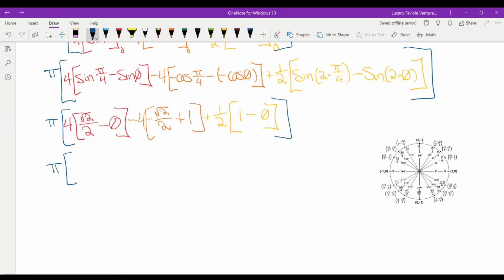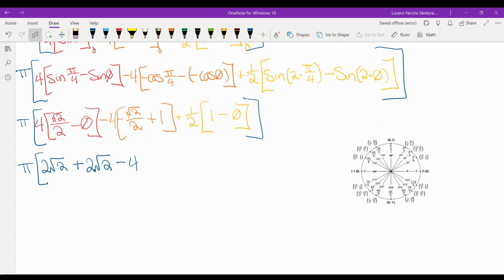And now we can rewrite our function here as 4 times square root of 2 over 2 minus 0 is square root of 2 over 2. And then for this one, we distribute the negative 4. We end up with positive 2 square root of 2 minus 4.